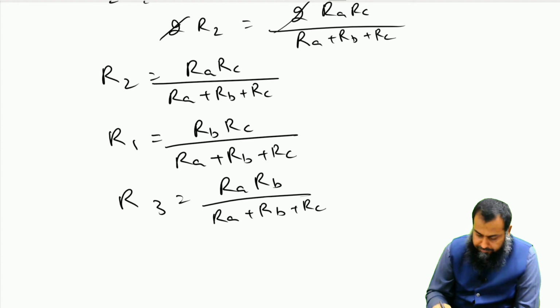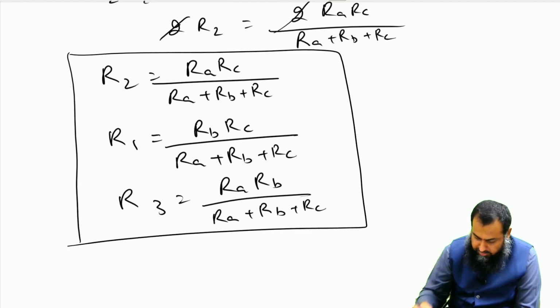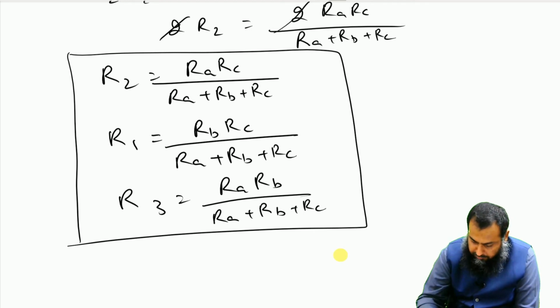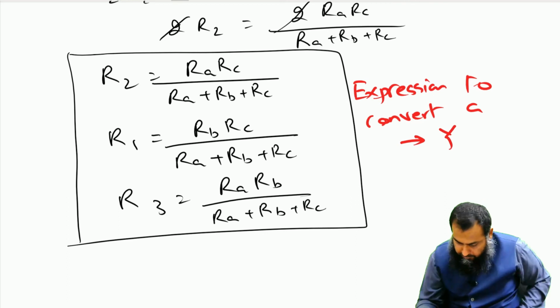So this final expression is the expression to convert a delta network to a Y network, delta to Y, right.